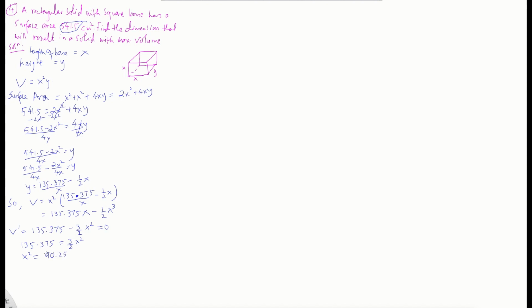So what will the x value be? If you take the square root of both sides, you get x equals, taking the positive square root because it cannot be negative, 9.5. So x is 9.5, both sides of the base are 9.5. Now I want to find y.